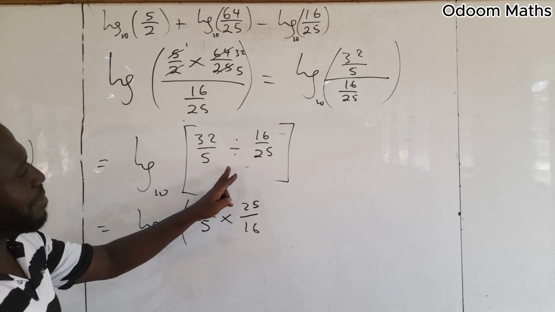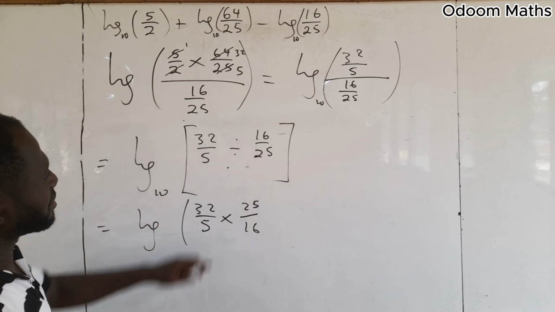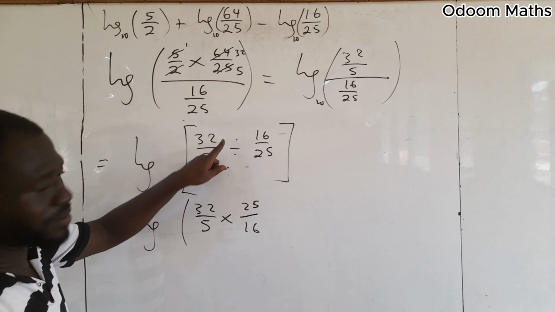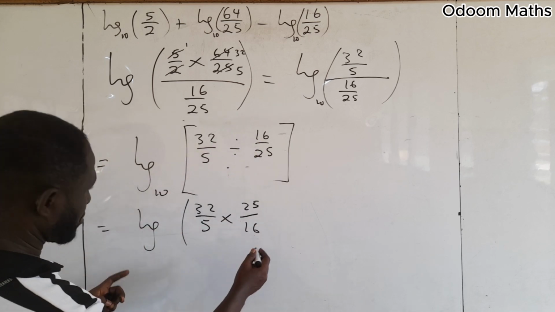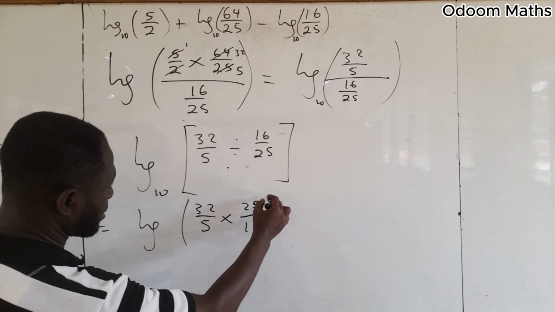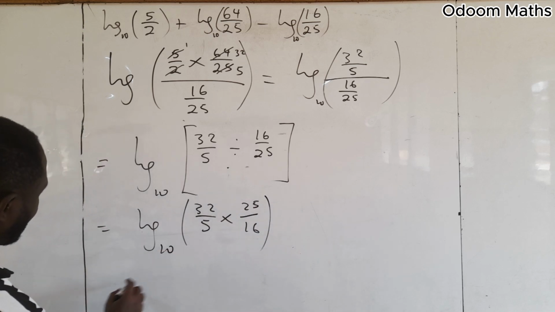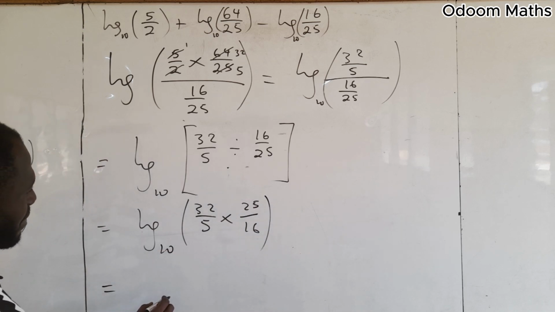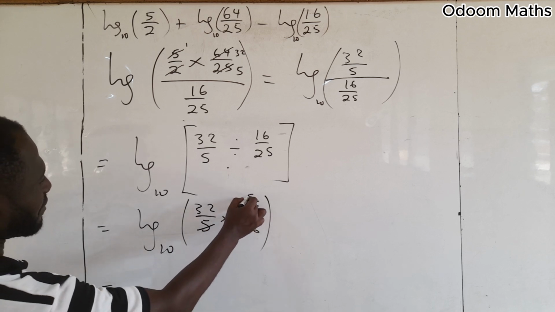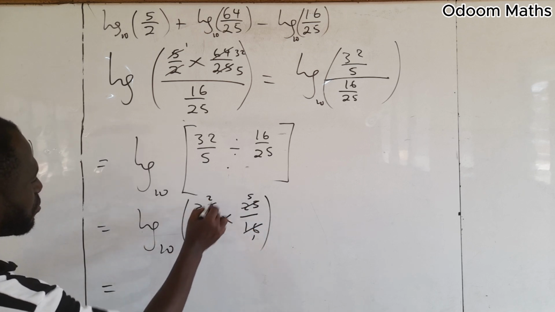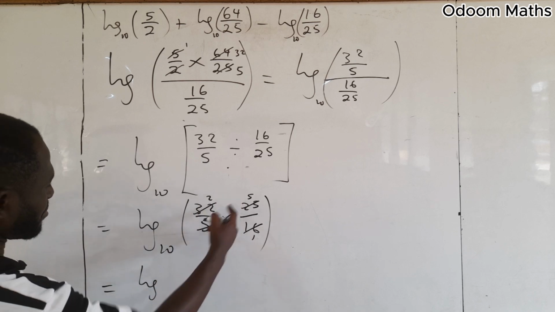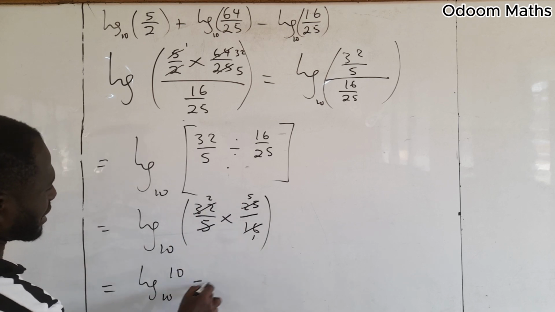That is, I'm applying the rule of fraction. So I've turned this upside down and changed this to multiplication. Okay, so then base 10. This is going to give me this into itself 1, here 5, here 1, this side 2. So this is log, this and this becomes 10, base 10, and the answer is 1.